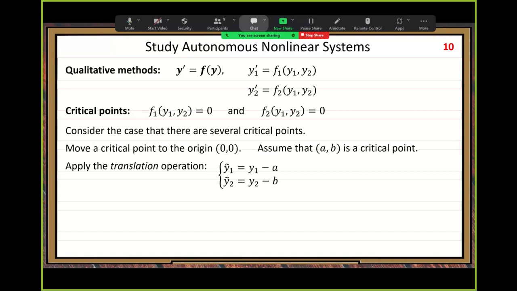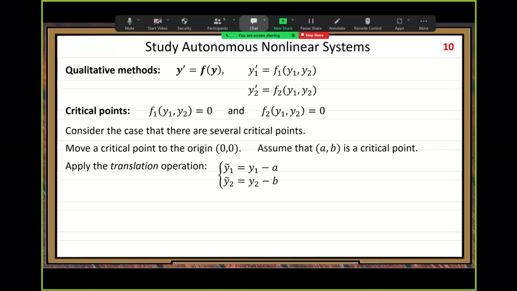So in the new coordinate system, the current critical point is at the origin. In this new coordinate system, we want to get the simplest formulation, so it's easier to see the behavior around the critical point.